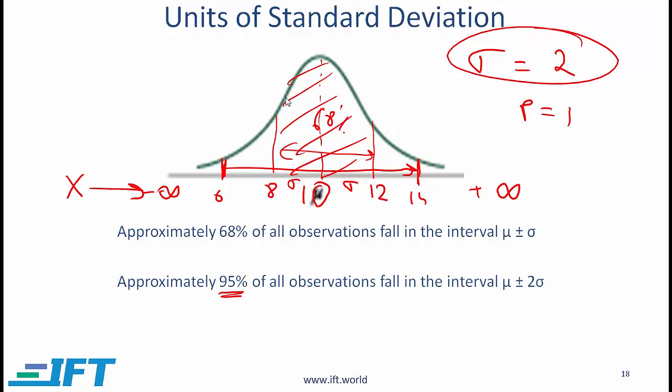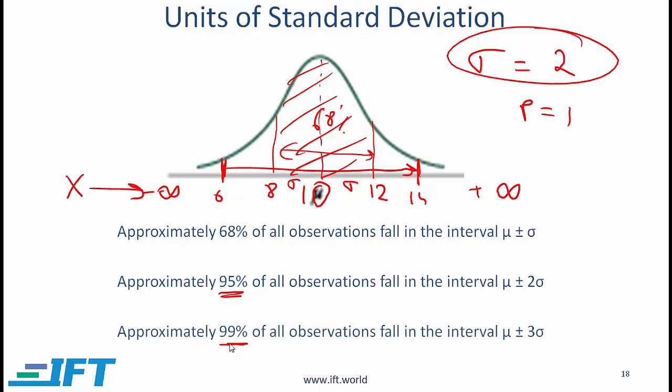And this is also fairly obvious looking at the picture, that if you have 100% of the data between minus infinity and plus infinity, then 95% of the data is covered if we go from 6, which is 2 standard deviations to the left of the mean, till 14, which is 2 standard deviations to the right of the mean. And finally, for this slide, approximately 99% of all data will fall within 3 standard deviations of the mean.